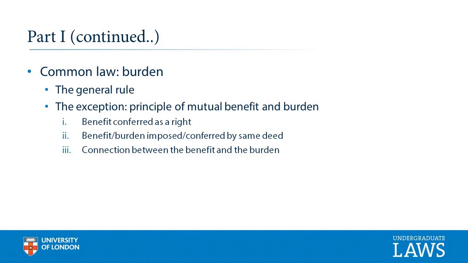The fourth requirement for the application of the mutual benefit and burden principle is that the covenantor's successor in title must have a choice whether to adopt the benefit. This does not mean a practical choice. A theoretical choice is sufficient for this purpose. This too is illustrated by the Halsall case.